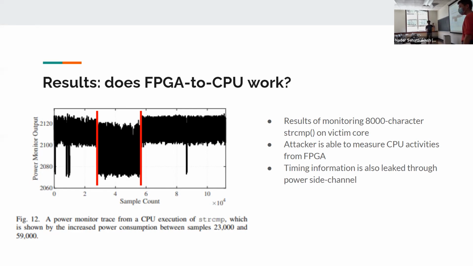This is because they are running an 8,000 character string comparison on the victim core. This means that the attacker is able to measure CPU activities from the FPGA. We can also see that some timing information is leaked through the power side channel, for example, the setup of the program and the program's actual execution time.